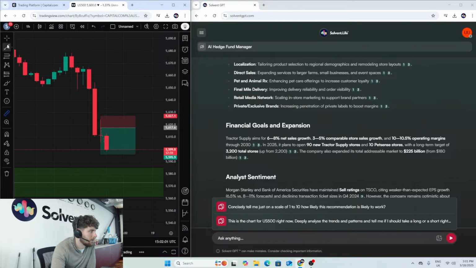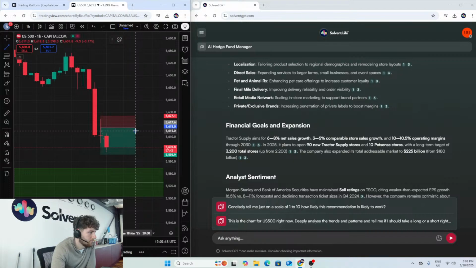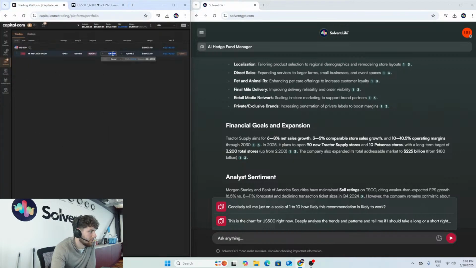So we can put a line in symbolizing where the stop loss is. Sorry, we should have put it to 615 I believe. Let's go back, change that to 615.